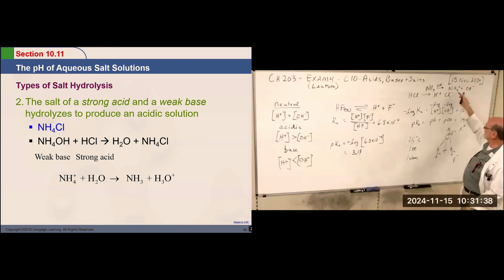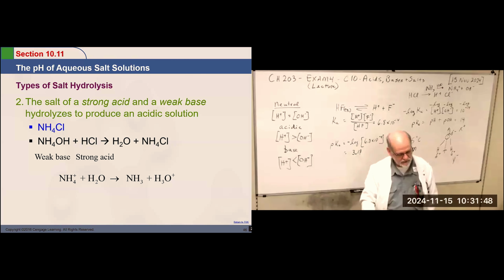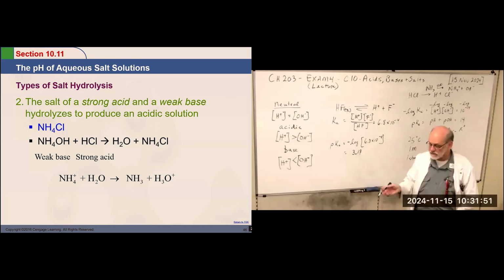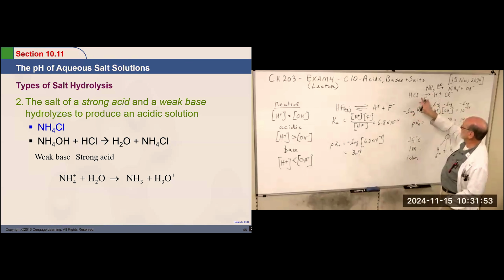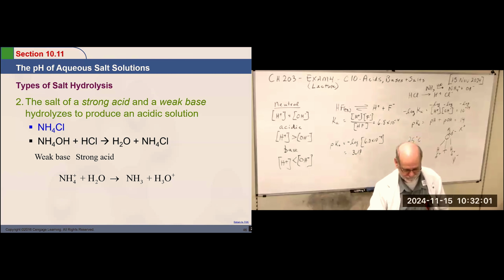Then this cation associates with that anion. And the rule of thumb is if the anion is derived from a strong acid, then the solution of the strong acid and weak base will give you an acidic solution. Okay.